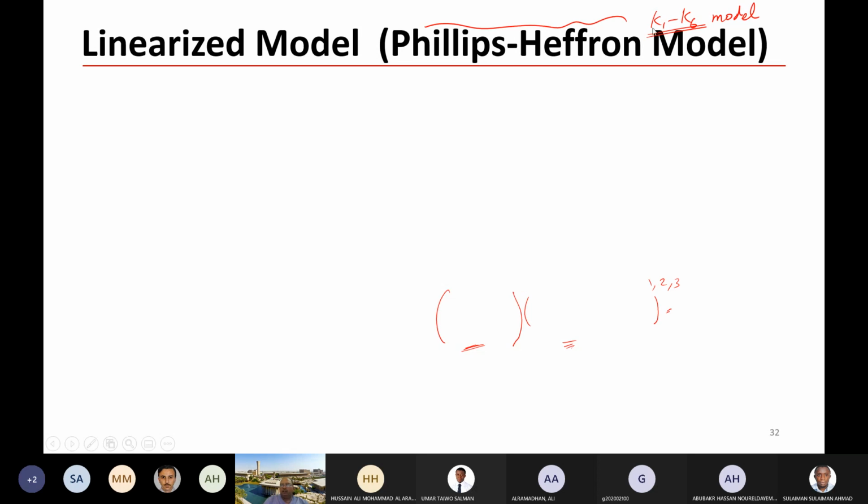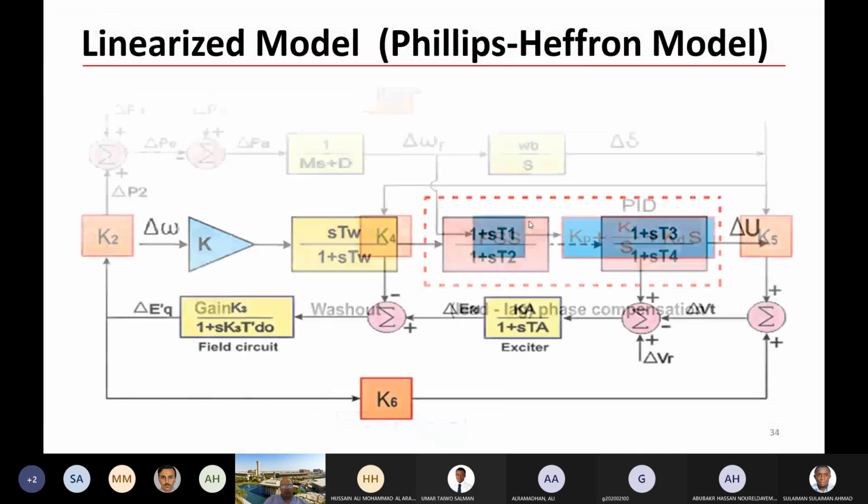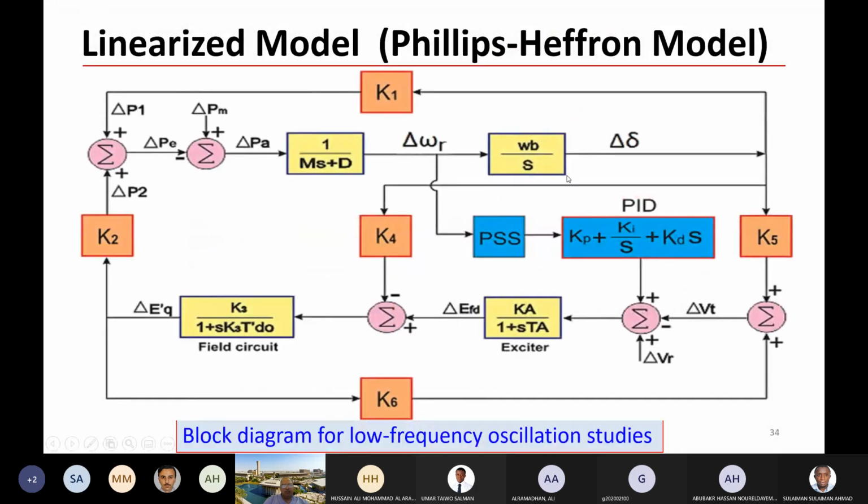We will derive K1 up to K6, which is shown here in this linearization model. You have here 6 constants: K1, K2, K3, K4, K5, and K6.